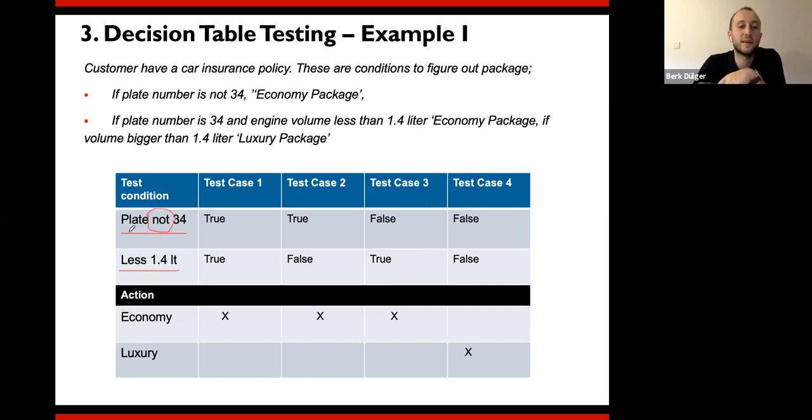You can say having plate 34, because we will address all the possibilities, so it will not make any sense using a negative expression here. So we have two conditions and four different test cases, all the possibilities.